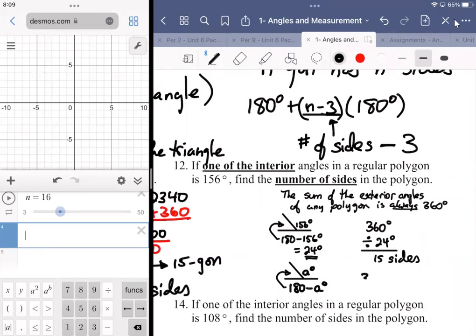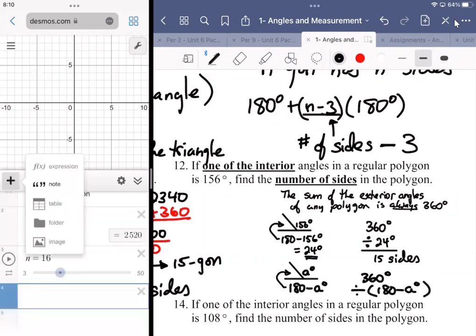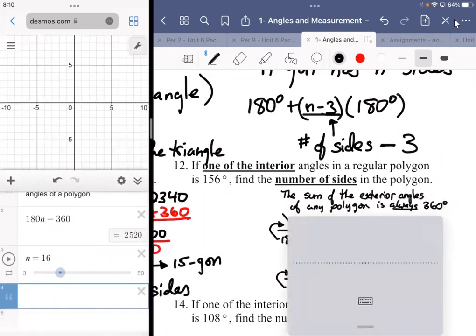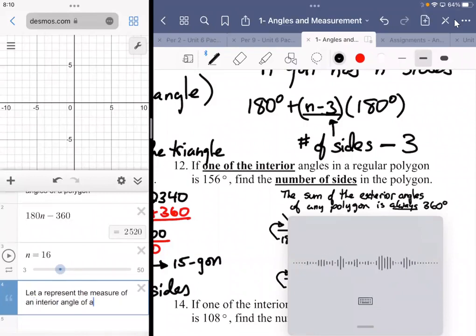So 360 degrees divided by 180 minus A degrees. I mean, that's what we did, as long as we know what A represents. So what I would say here is let A represent the measure of an interior angle of a polygon.